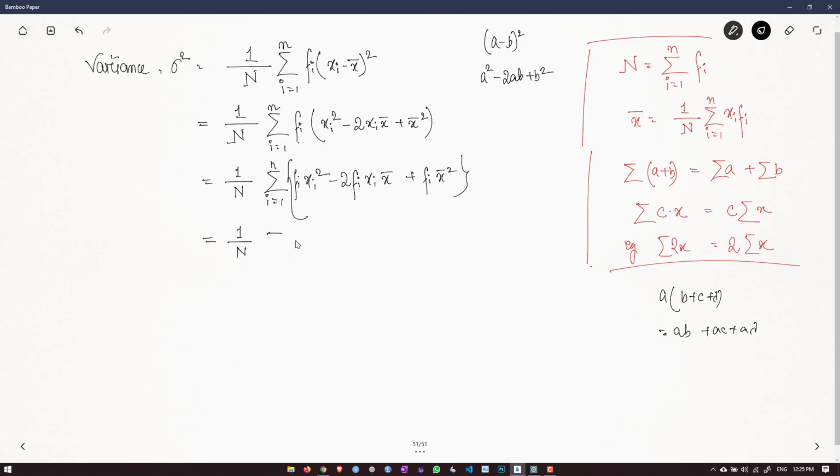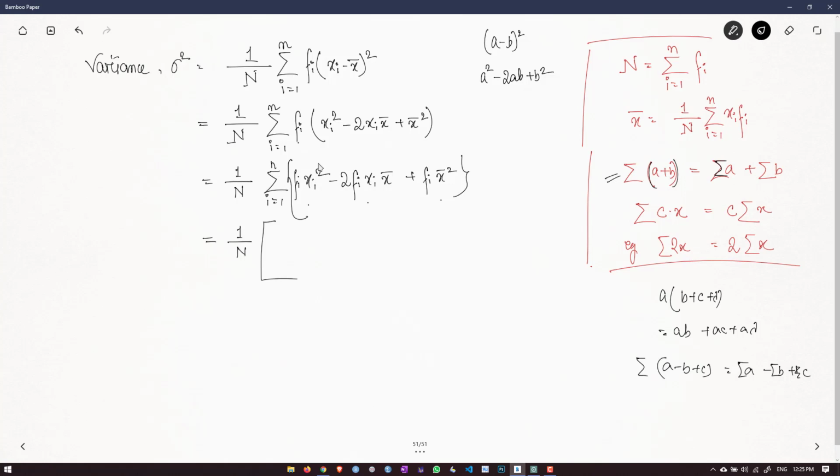Now we will use this property. If you have summation of a bracket, that is a plus b, we can write them individually: summation a, summation b. So consider this to be a, this to be b, and this to be c. That means summation of a minus b plus c can be written as summation a minus summation b plus summation c.